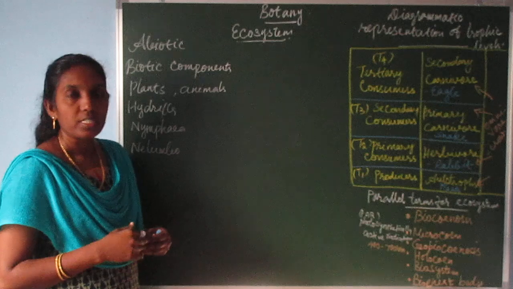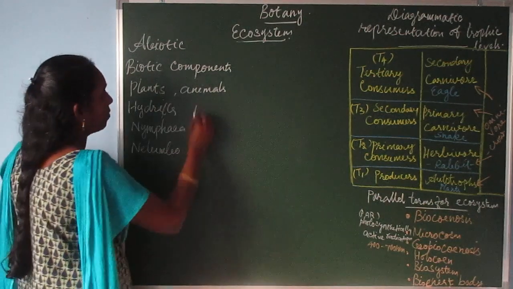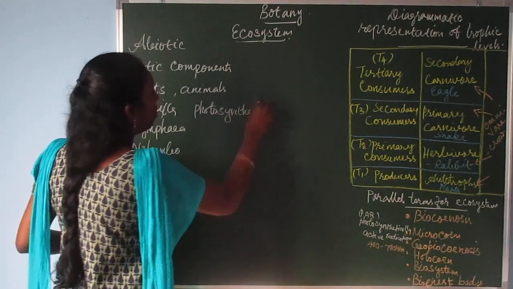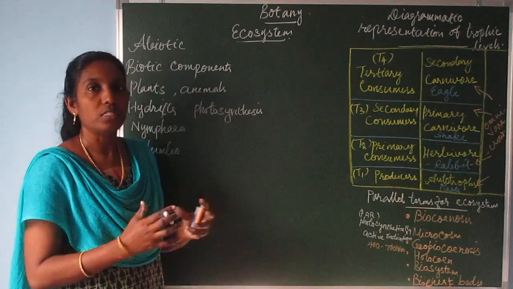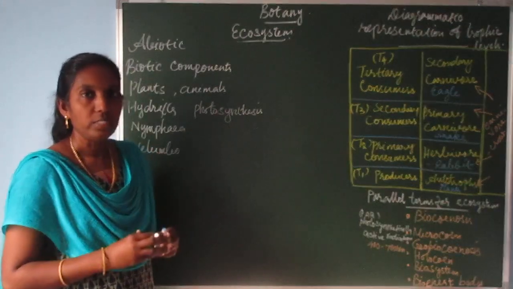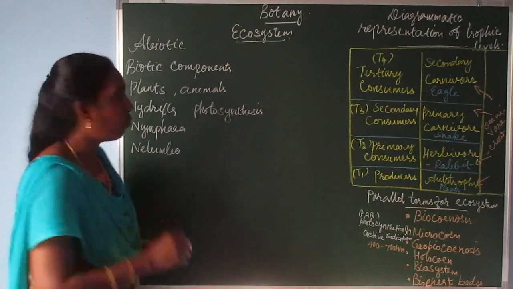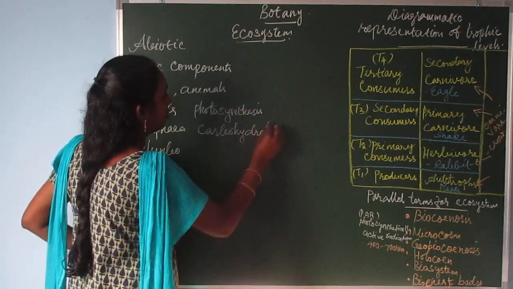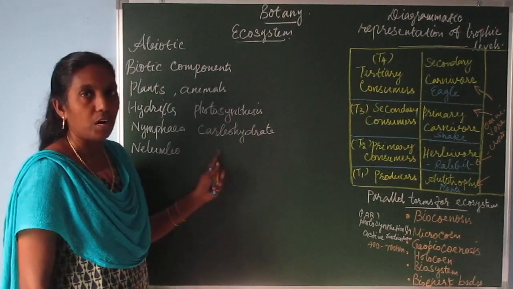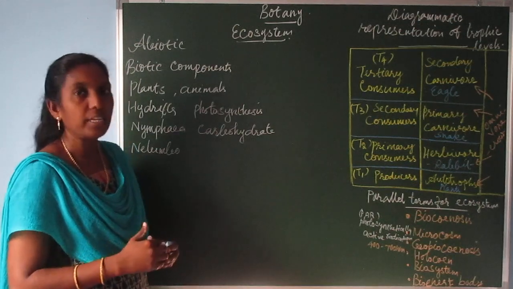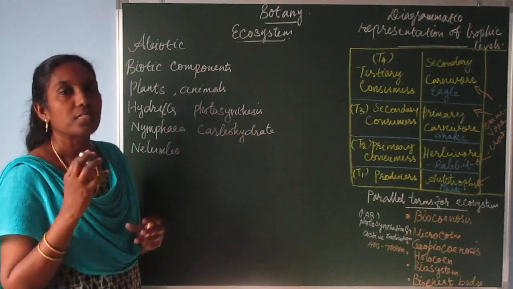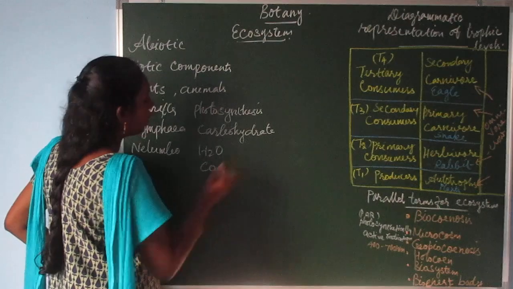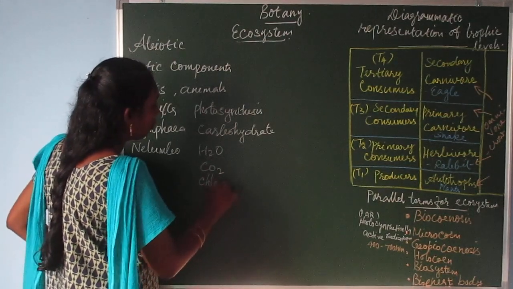There is a leading process in plants, that is photosynthesis. What's the definition of photosynthesis? Photosynthesis is the process by which green plants prepare their own food in the form of carbohydrate, an organic compound, by utilizing materials like water, carbon dioxide, and the pigment chlorophyll.